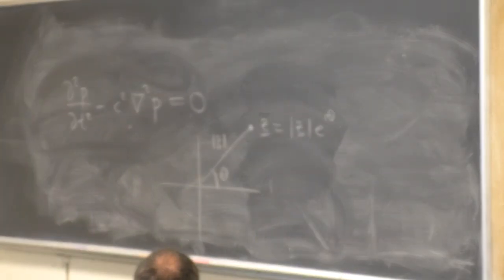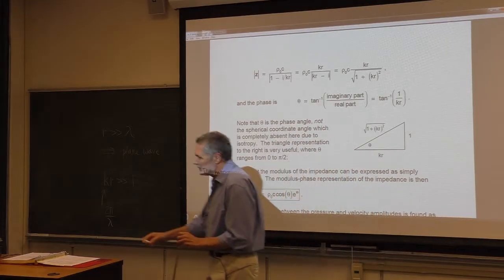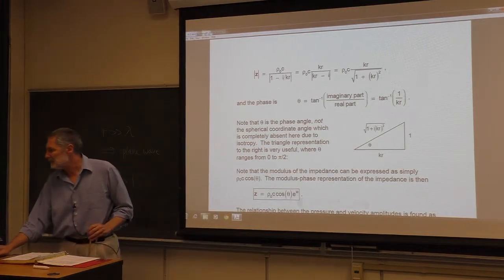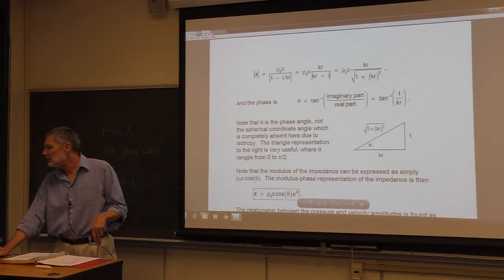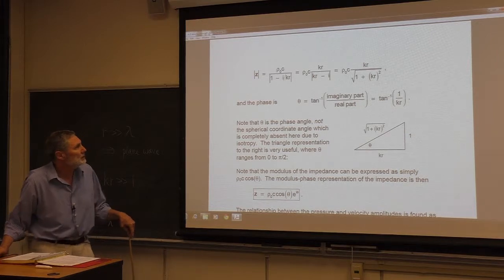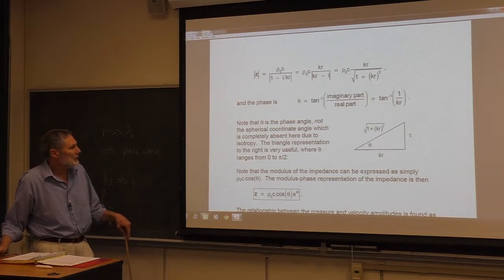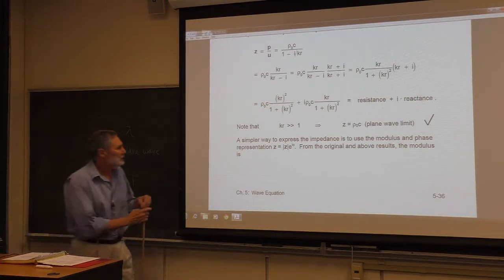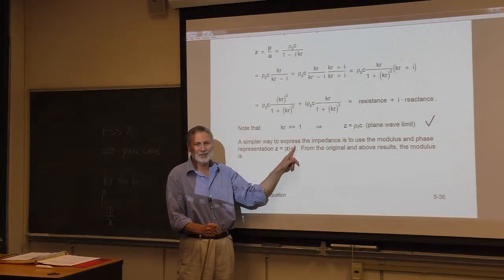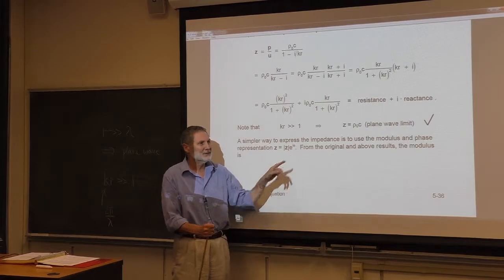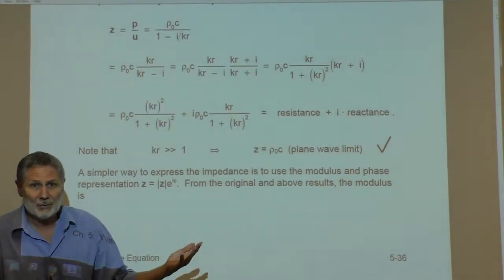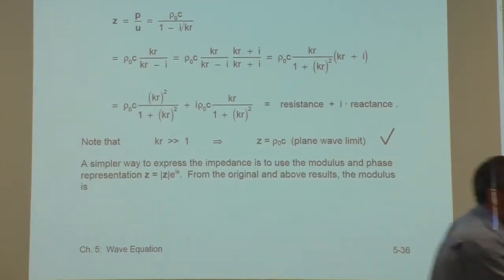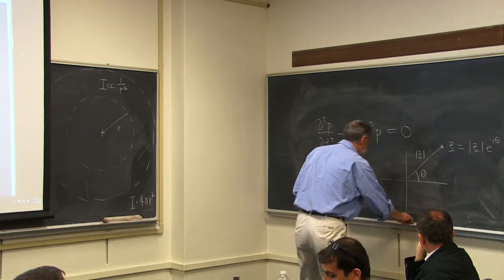Now, this causes trouble with students. You see this theta right here? This is what KFCS uses. It's called the argument of a complex number. It's this angle right here from the real axis.